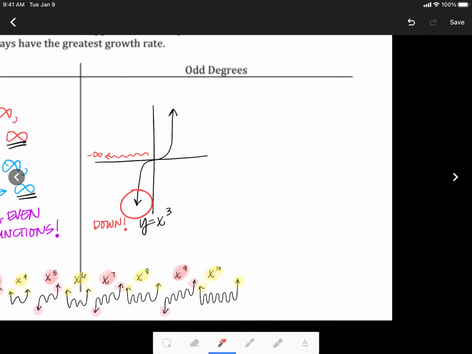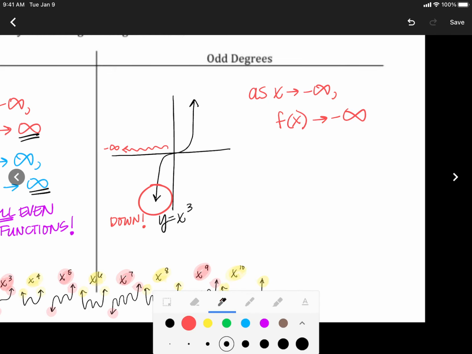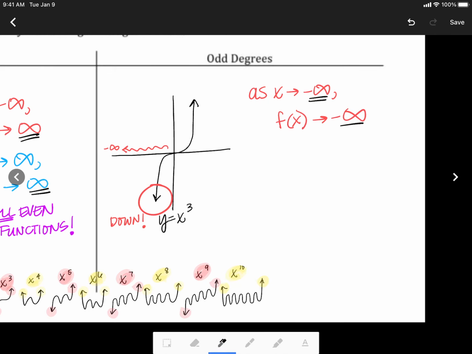And we have a mathematical word to express that it goes down forever. As x goes to negative infinity, f of x, our cubic function, goes down also to negative infinity. Do you see how those match? Negative infinity matches negative infinity.